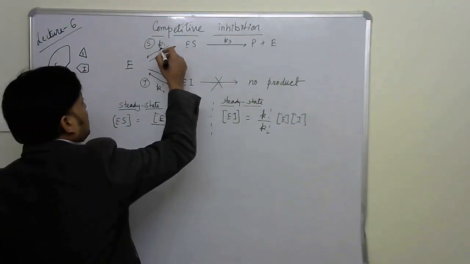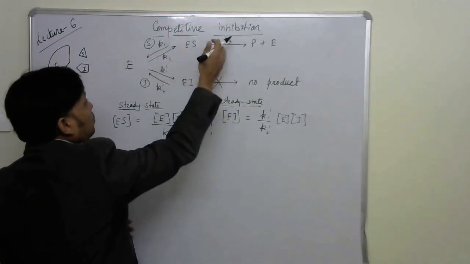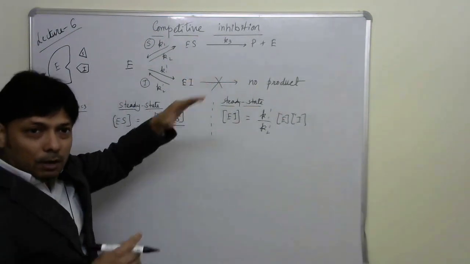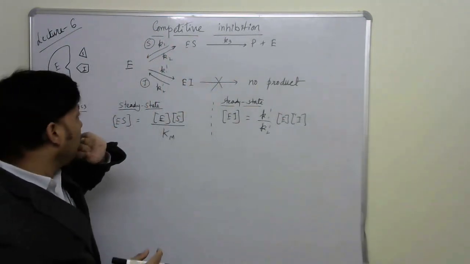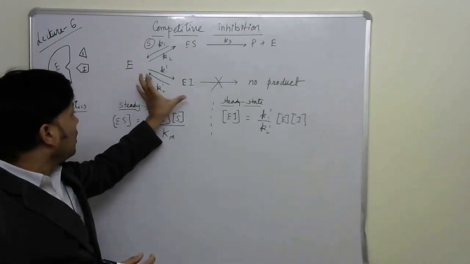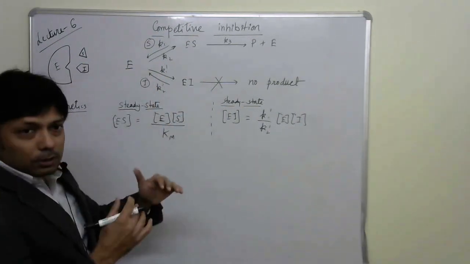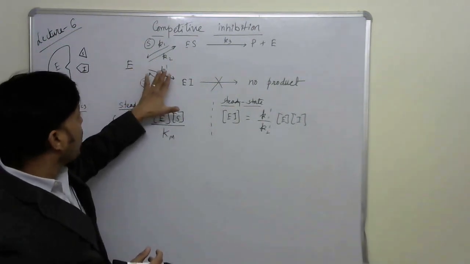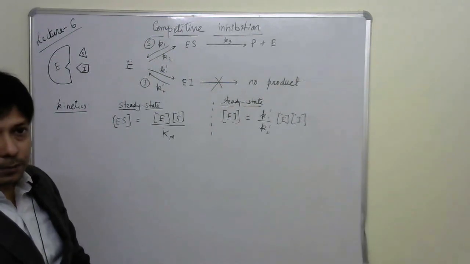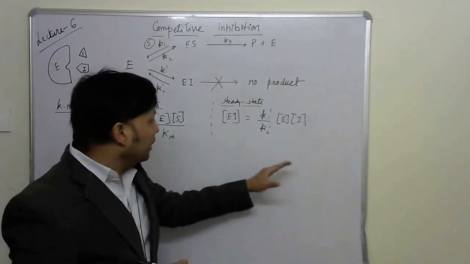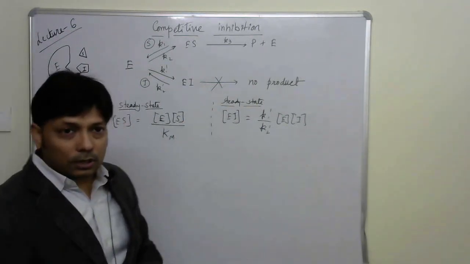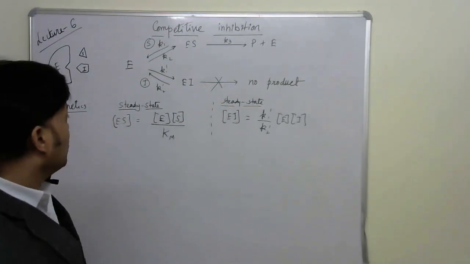These are the rate constants K1, K2, K3, conventional with the Michaelis-Menten mechanism as we have seen earlier. But since E and EI are reversible, we have these two rate constants K1 prime and K2 prime for the enzyme inhibition. Now we have to find the rate law for this competitive inhibition, and that can be easily done.